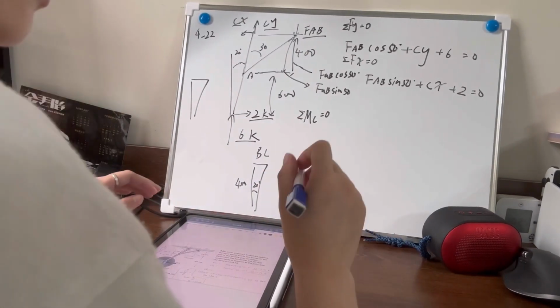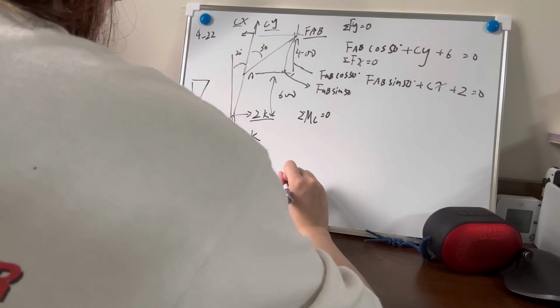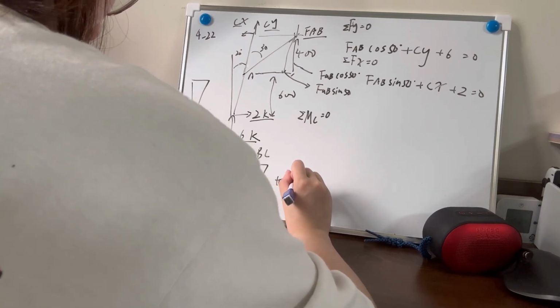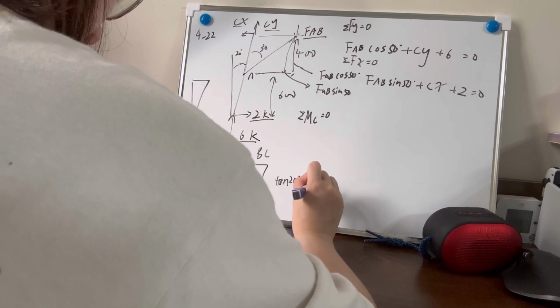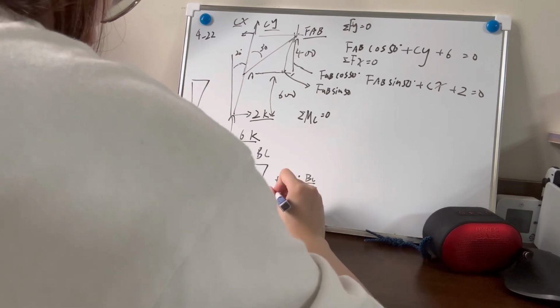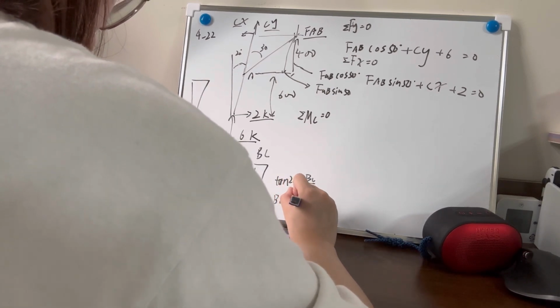So we know tangent 20 is BC. So we know the distance BC.